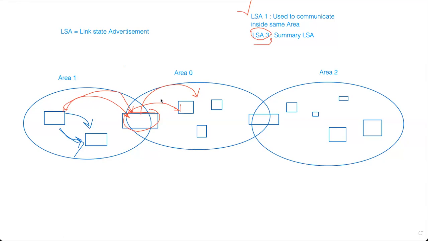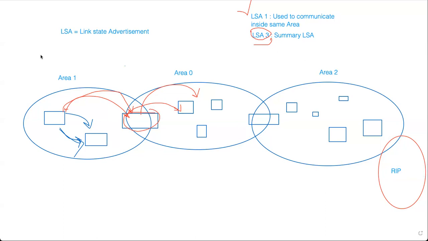For example, this is all OSPF. Let's say there's another routing protocol, for example, RIP.